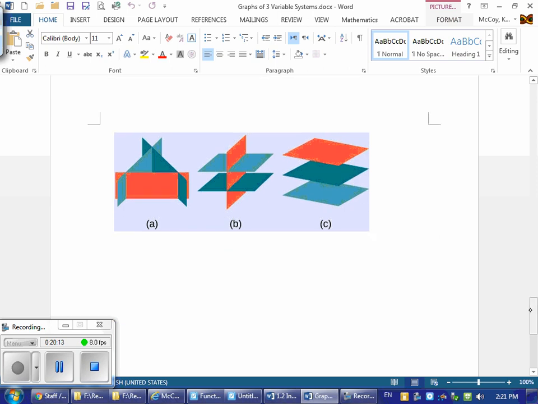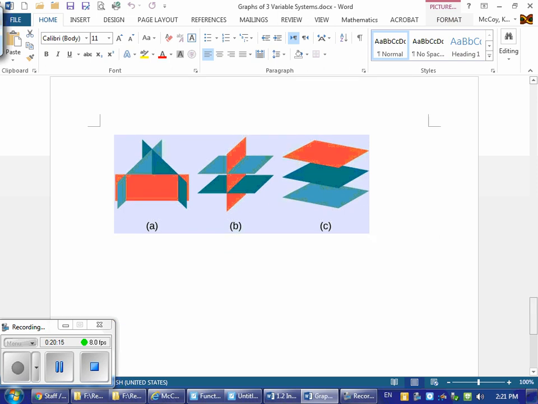And as you can see in letter C, that's the same idea, all three planes parallel. You also have the concepts of A and B, where in B, two of the planes intersect one plane, but the two planes, the ones on the top and the bottom, the green and the purple, are parallel to each other. So they don't ever touch all three planes at one place. So there's no intersection there.